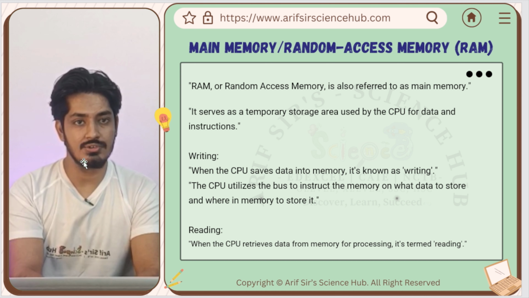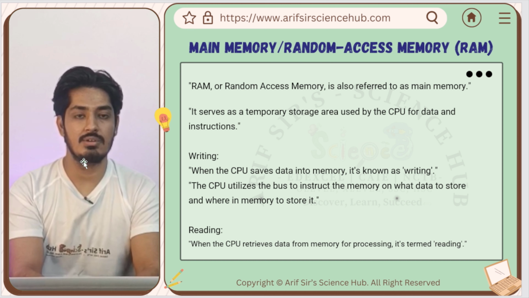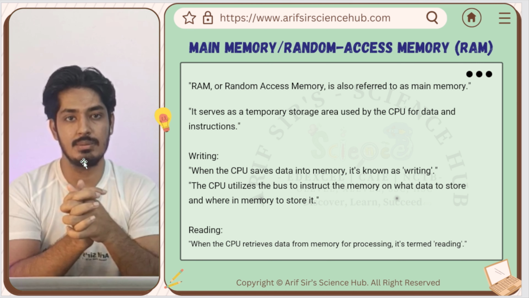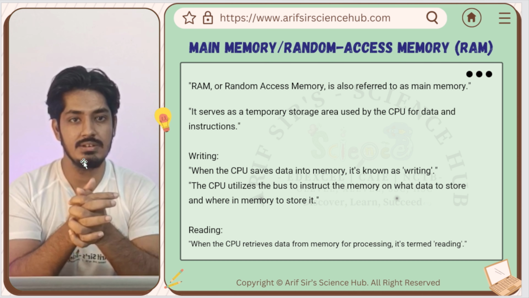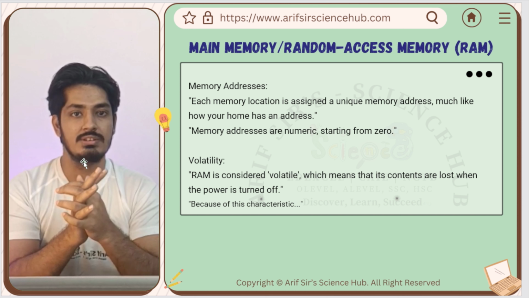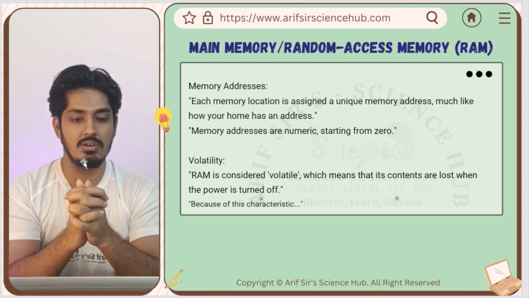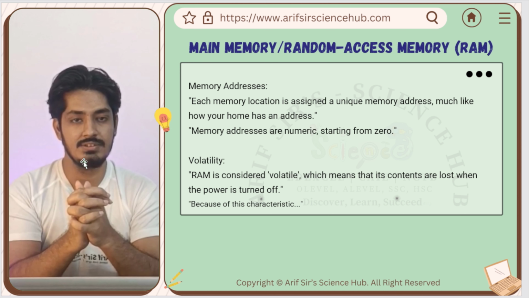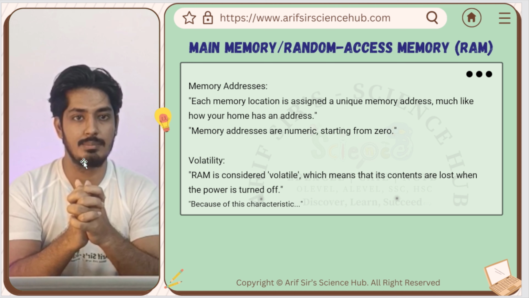When we want to store something on the computer, it can be considered writing, and when something is retrieved from the memory, we call it reading. Memory address: where the actual data will be stored is called the memory address. That means the location in memory is addressed by binary numbers.